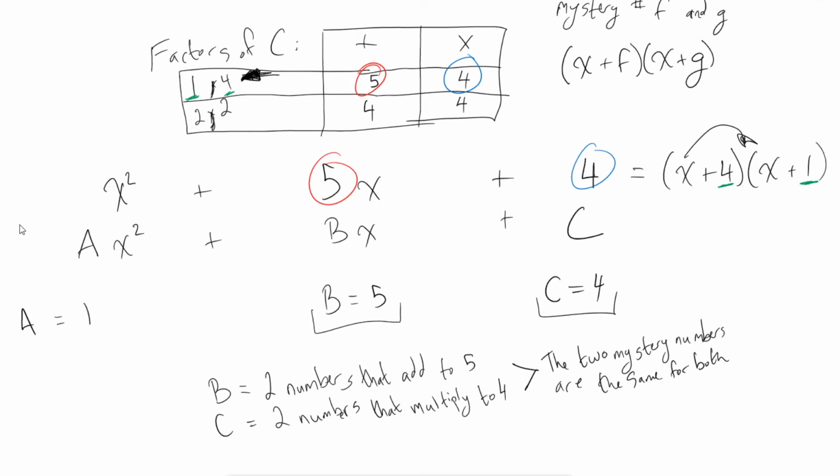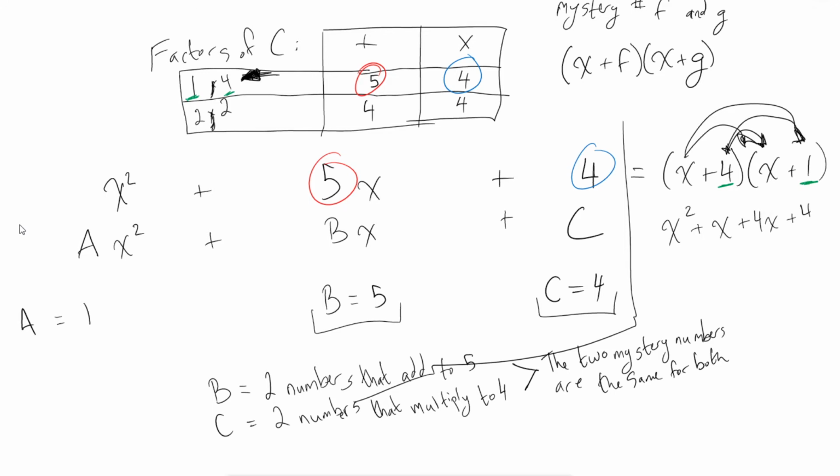So x plus 4 times x plus 1: x times x is x squared, x times 1 is 1x, x times 4 is 4x, and 4 times 1 is 4.